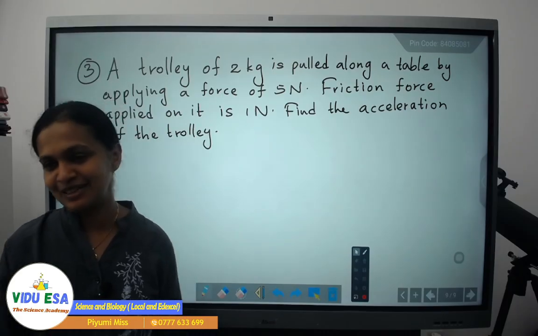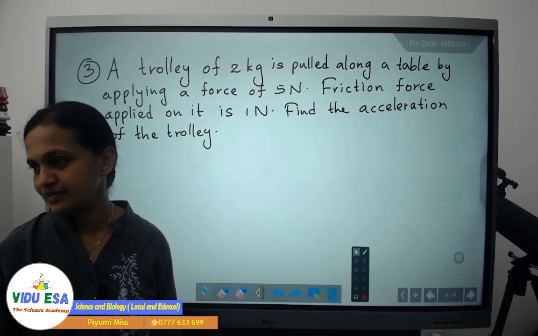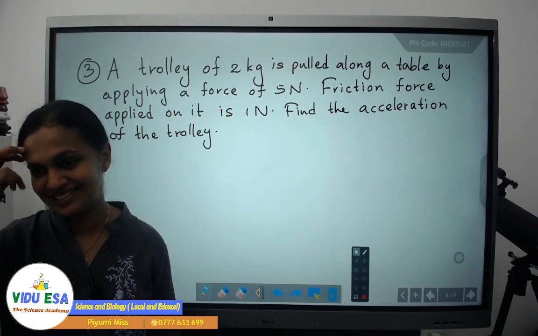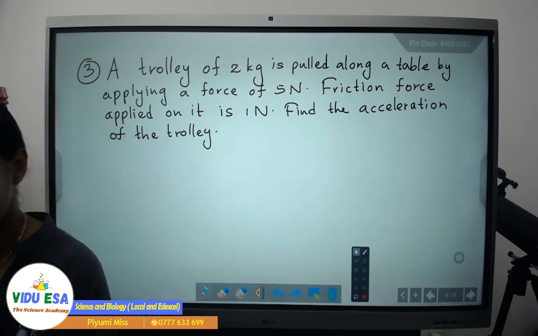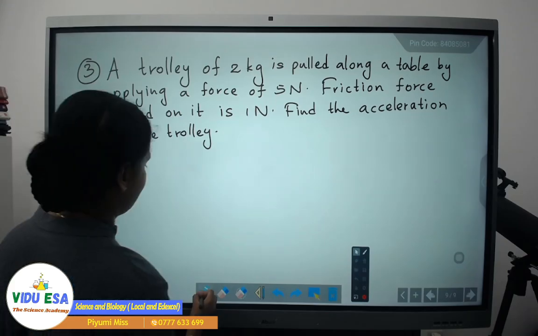Unmute and tell the answer you got. Okay, Sayul says 2 m s minus 2. Right, Devmini says 2, Disini 2, Yanuka 2, Ranushi 2. Good. That means that's easy.